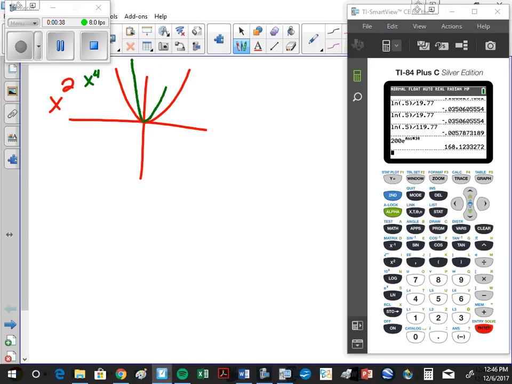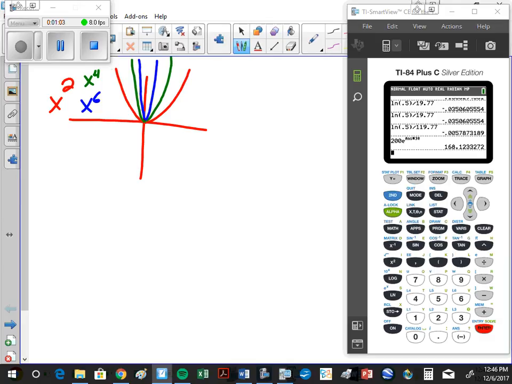It's kind of a skinnier parabola. It doesn't have any of the geometric properties that regular parabolas have, but it's just taller. It looks skinnier, but technically it's taller. And if I had an x to the 6th, it would be even taller. And an x to the 8th would be taller. But all of the even powers have this U shape.